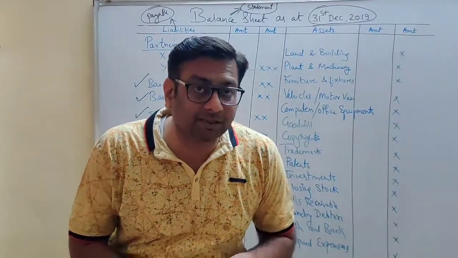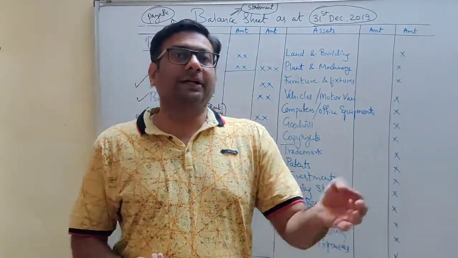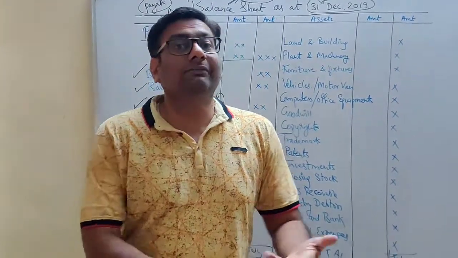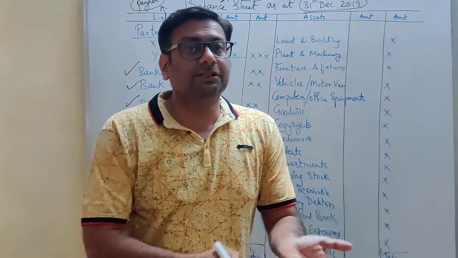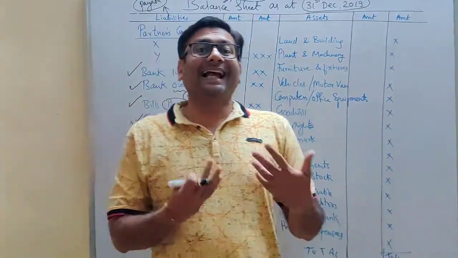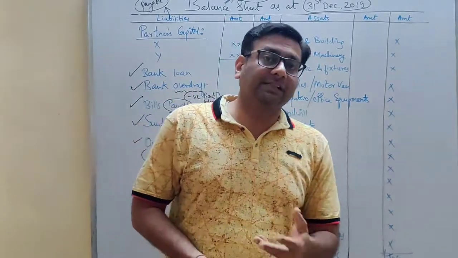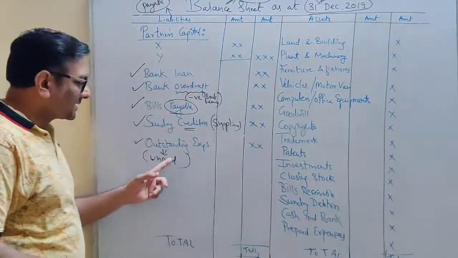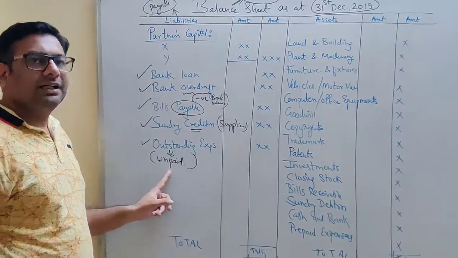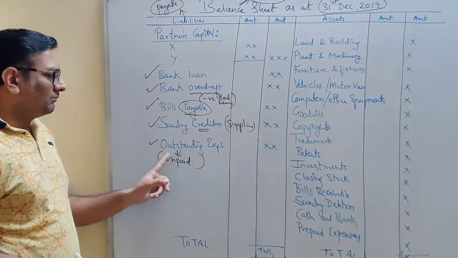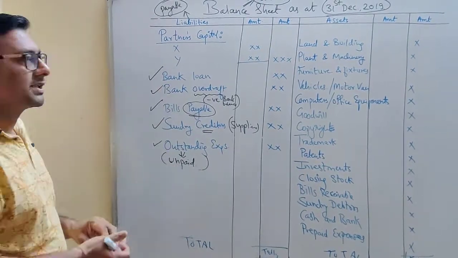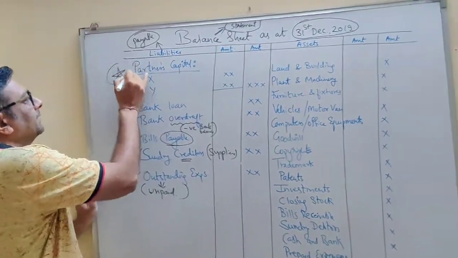Outstanding electricity bill, if you have not paid it. Outstanding wages, if you have not paid wages to your labor. Outstanding salaries, if you have not paid salaries to your employees. Any expense which is unpaid, still payable by nature, you will show as your liability. Done with the liability side. Now this is the important part.